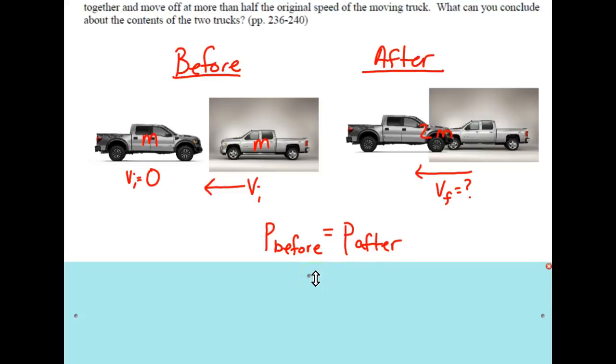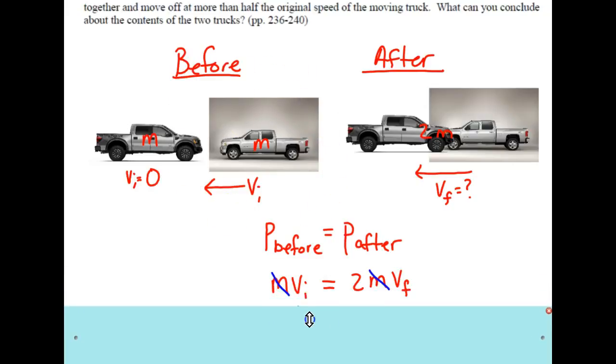What objects, if any, have momentum before the collision? It would be only this truck of mass M times its initial velocity VI. What objects, if any, have momentum after the collision? It would be the combined mass of the two trucks, 2M, moving at final velocity VF. So we have M VI equals 2M times VF.